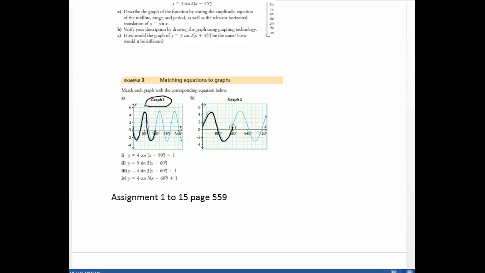Okay, so graph 1 looks like it goes as high as 5 and as low as 3, right? So the amplitude should be 4 in there. Because if it's going as high as 5 and as low as 3, you take the max plus the min and divide by 2, you get 4. Okay, and so that must mean that since it's going as high as 5 and as low as 3, they shifted up 1. Okay, then we need to look at the period length.